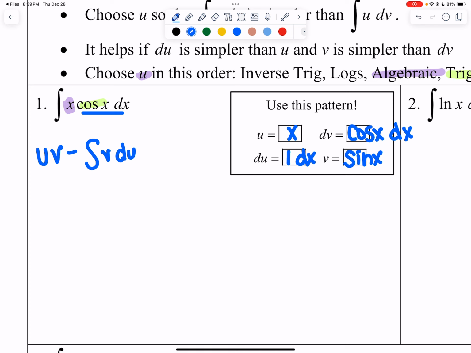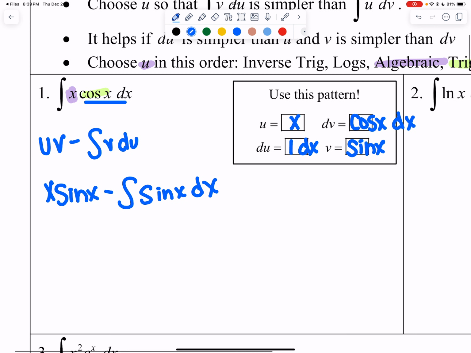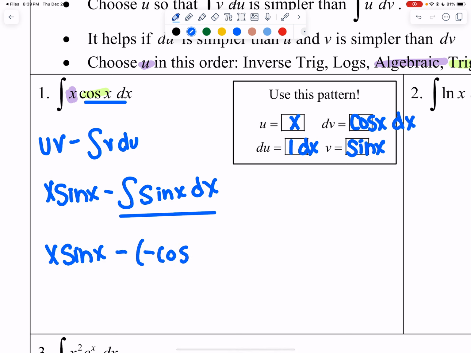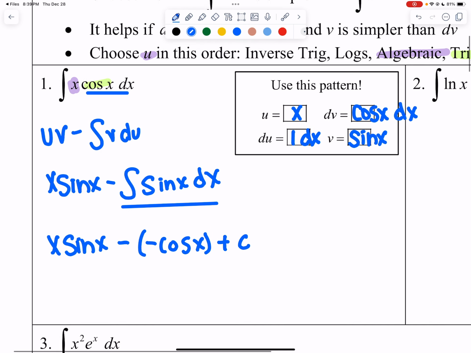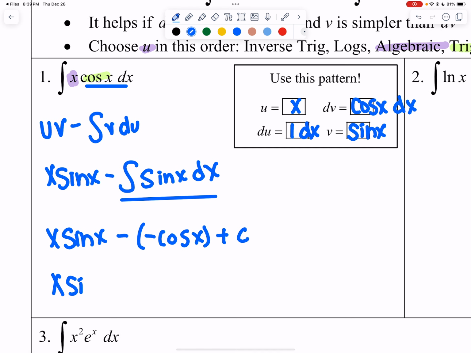So u is x, v is sine of x, minus the integral of v, which is sine of x, and du, which is just 1 dx. All right, I'm going to integrate sine of x dx, which is just negative cosine. Of course, don't forget about your plus c. Simplify this a little bit, and you get x sine of x plus cosine of x plus c.